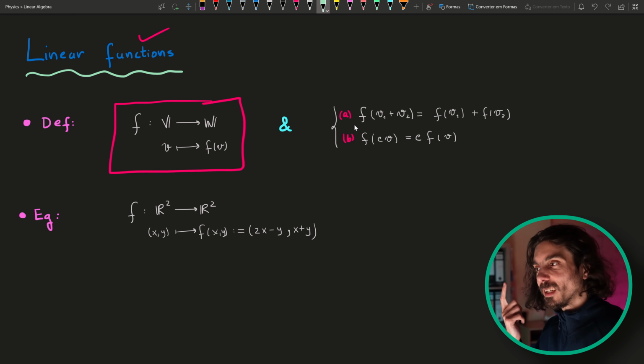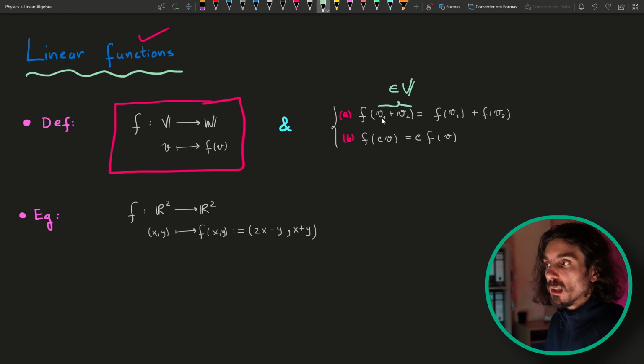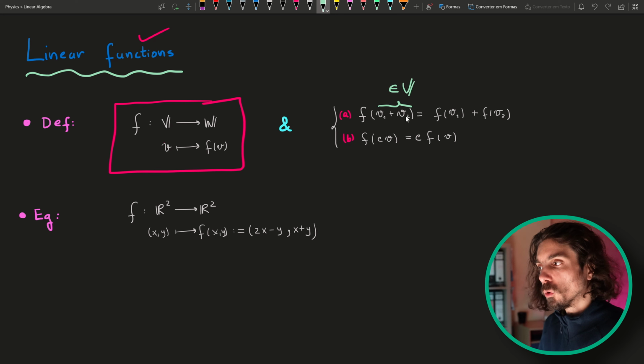What do these rules say? Rule number A says that if you have v1 and v2, two elements of the domain, and you combine them, you get another element of V, named v1 plus v2.